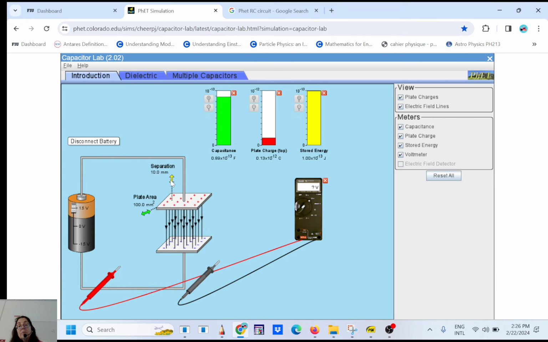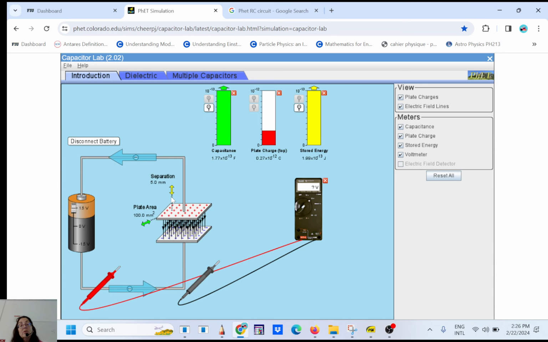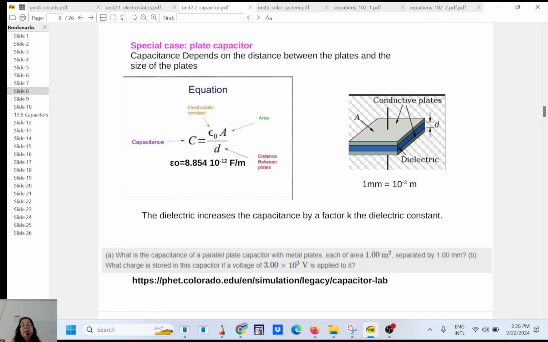So the electric field will be stronger and the capacitance will be stronger if you decrease the distance. And then you have a constant here, just to tune the equation right. This is called the permittivity of free space, and it's 8.85 times 10 to the negative 12.